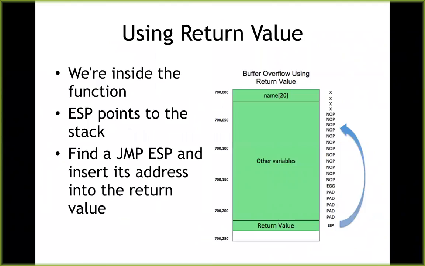So one way to do this is to not inject an address directly. Instead, you find a jump ESP and you go there. So you trampoline. You find somewhere in the Windows code a jump ESP, and you jump there, and then that goes to wherever the stack is. That's a common trick.